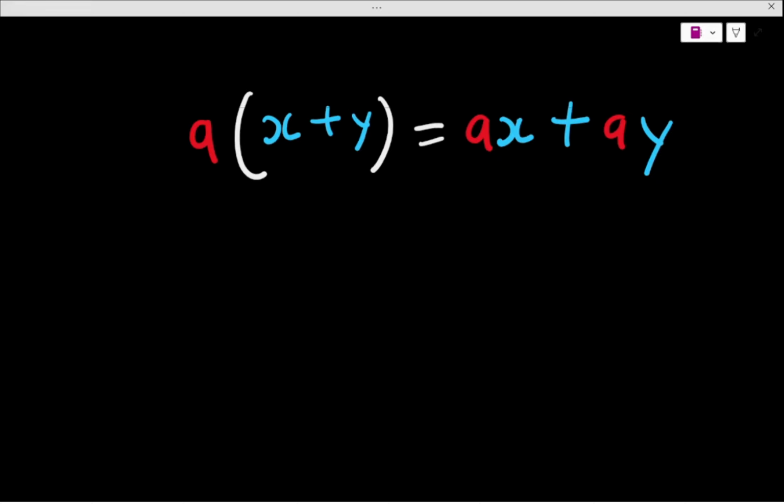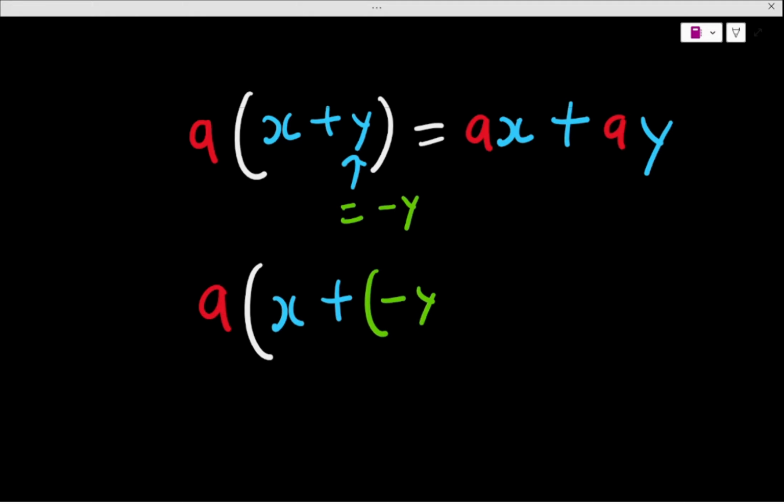Well, if we let this y be equal to negative y, it's going to be a times x plus negative y, which according to the distributive law is going to be equal to ax plus ay.